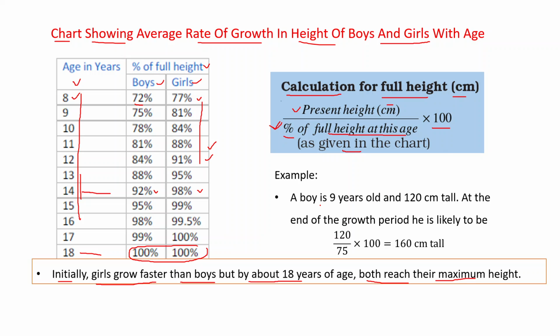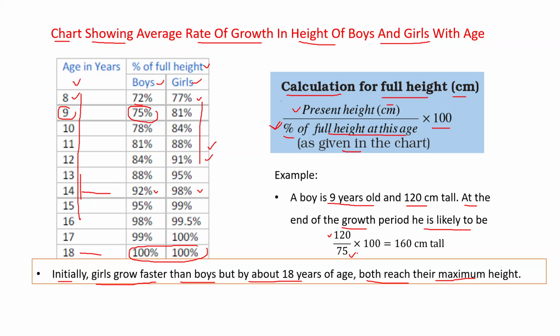For example, a boy is 9 years old and 120 centimeter tall. At the end of the growth period, he is likely to be, see, present height is 120 centimeter, divided by percent of full height at this age. Now at the age of 9 years, okay, this is a boy, that's why this is 75%.